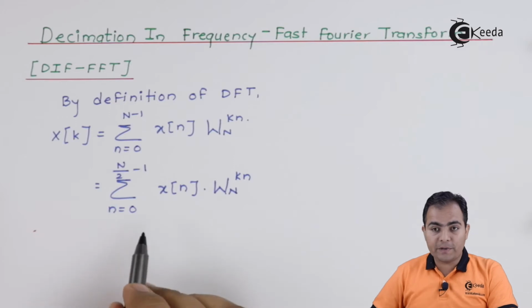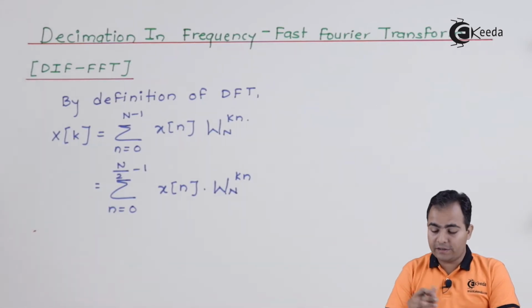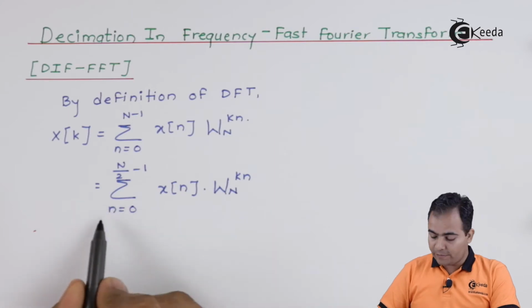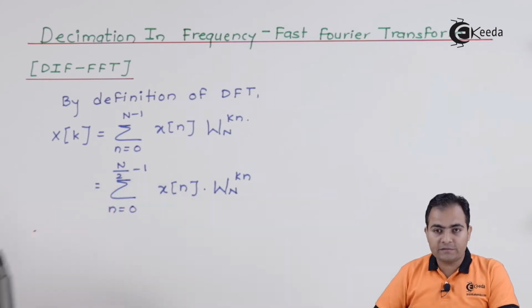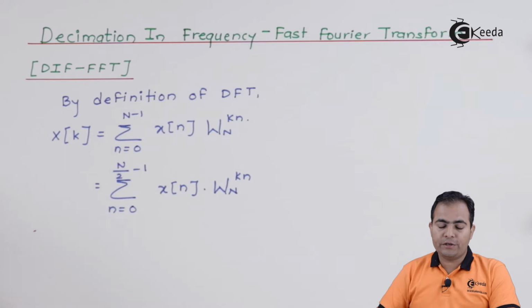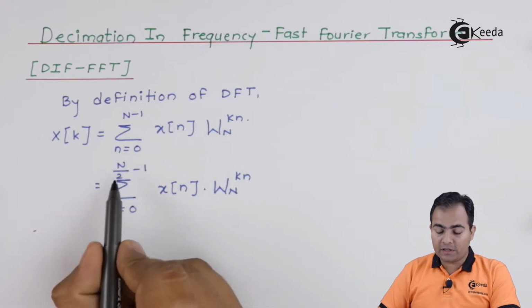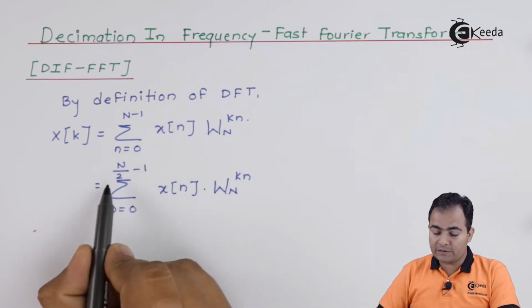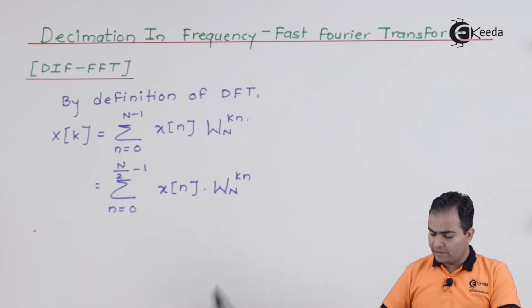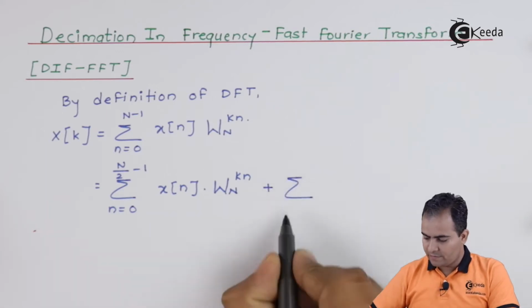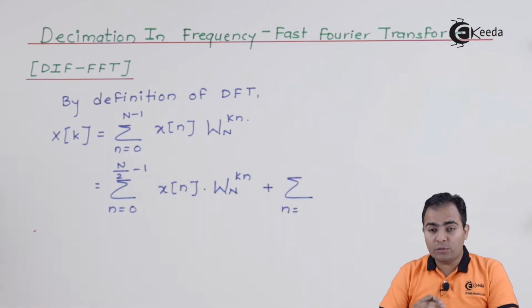So if we divide the whole N samples into two parts, the first summation runs from n equal to 0 to N by 2 minus 1. That is why the highest value of the first summation is N by 2 minus 1. Then what is the lowest value of the next summation?